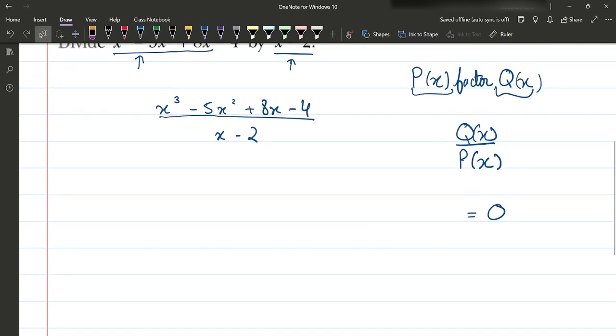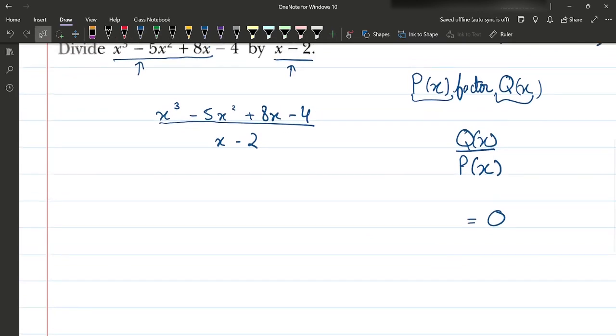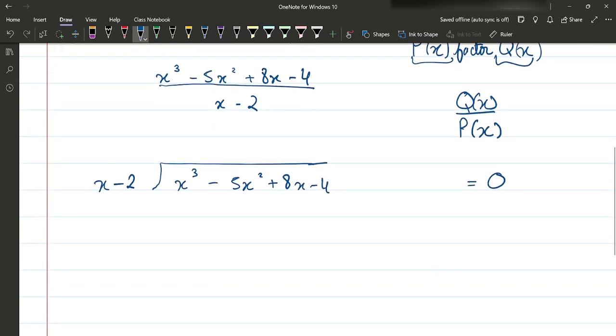Okay, now first of all, you have to draw up your division sign. That'll be x minus 2, and that'll be x to the power of 3 minus 5x squared plus 8x minus 4. Now the steps here are really simple, you just have to memorize them. First of all, take the first term.